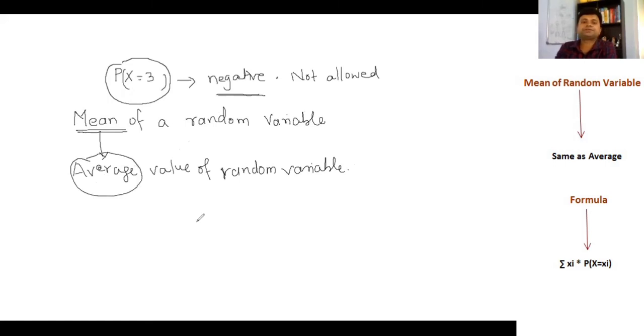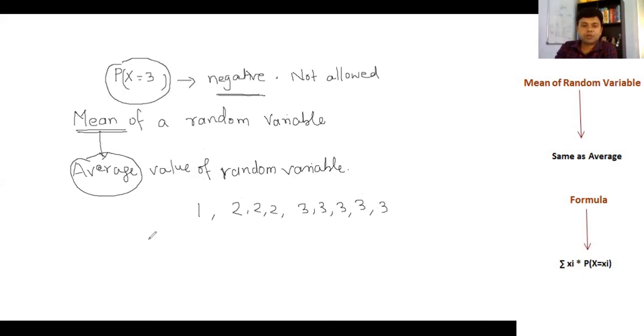So if I take 1, 2, 2, 2, and 3, 3, 3, 3, 3. These are the numbers, and I want to find the average of these numbers.